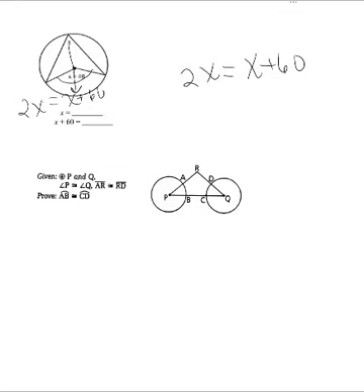This arc must be 2x. It also must be x plus 60. So how much does x have to be to make both of those work? That's why we're doing this equation. If x is 60, then when you double it, you get 120. And if that central angle is x plus 60, and 60 plus 60 is 120, that arc across from it is also 120.